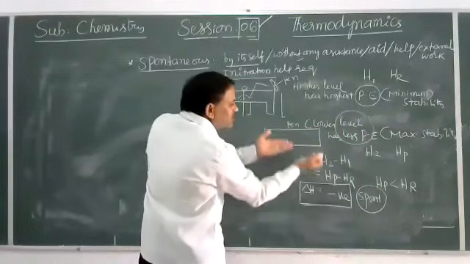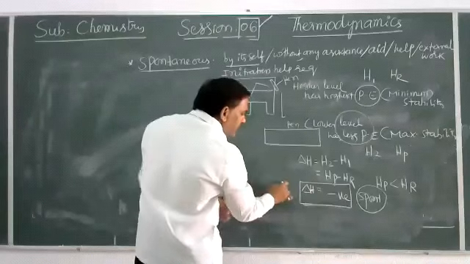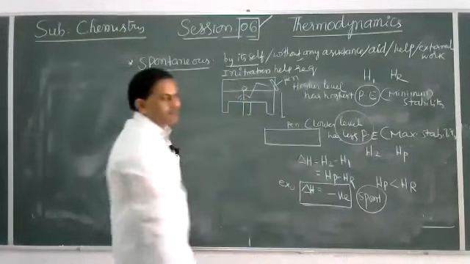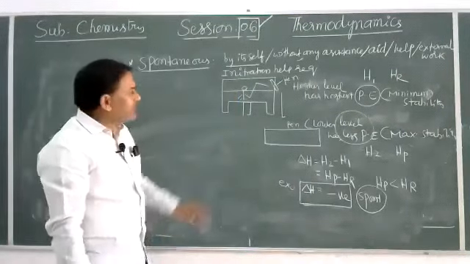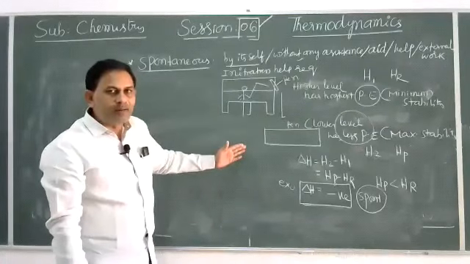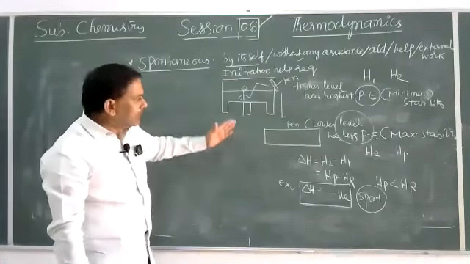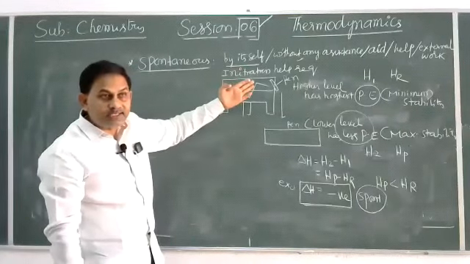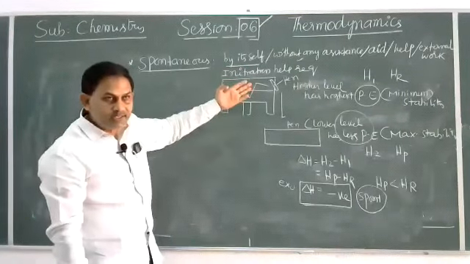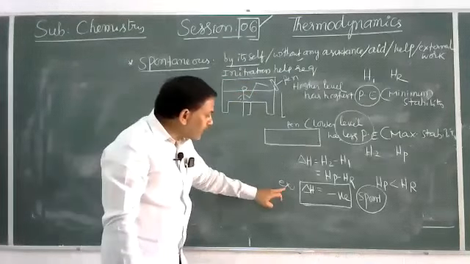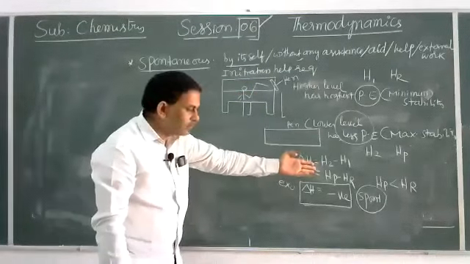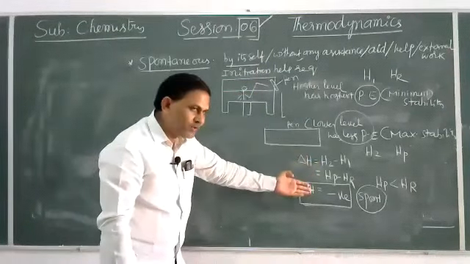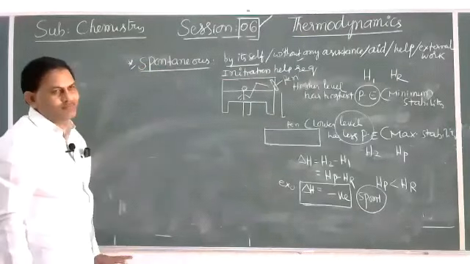What happens in this process? Energy decreases. It is an exothermic reaction. Thermochemically, in any process where an amount of energy is liberated, that is an exothermic process. In such cases, all processes are considered spontaneous.